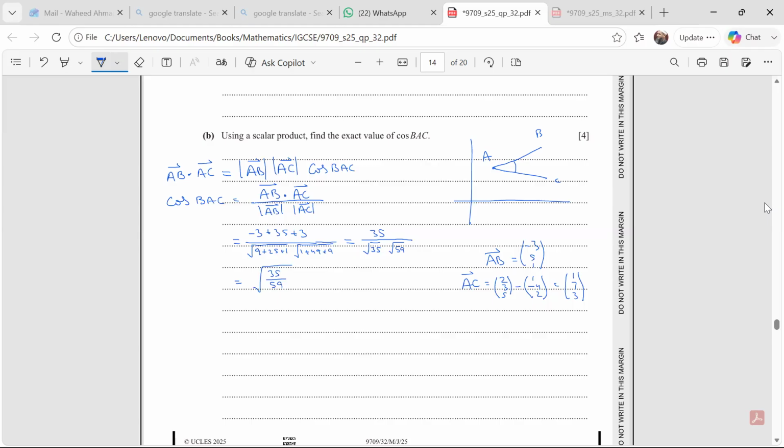So this is the cosine of BAC. I hope it's clear.